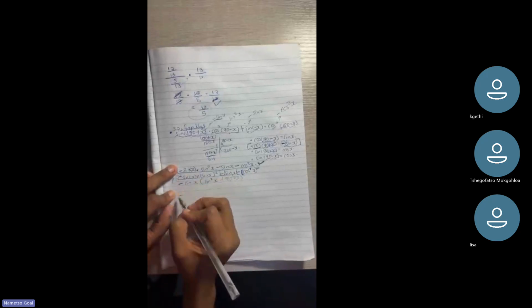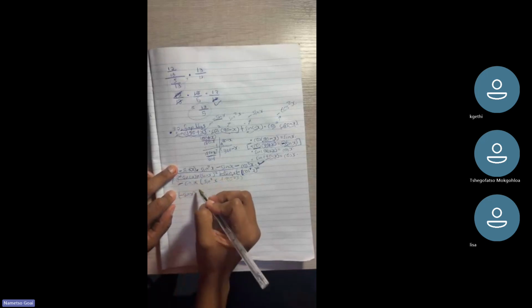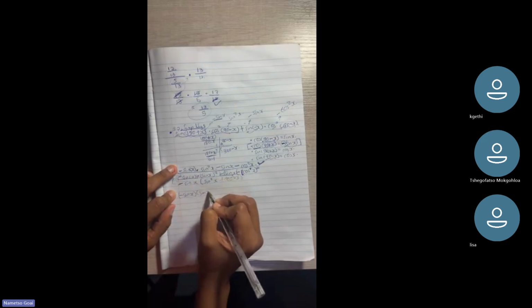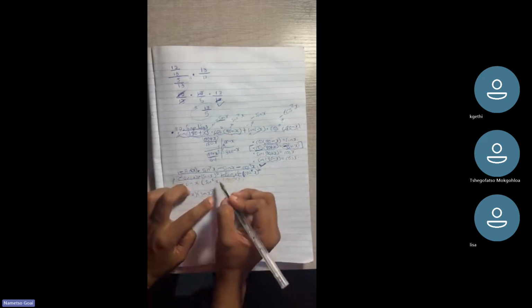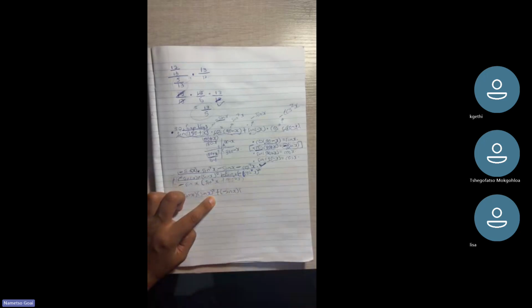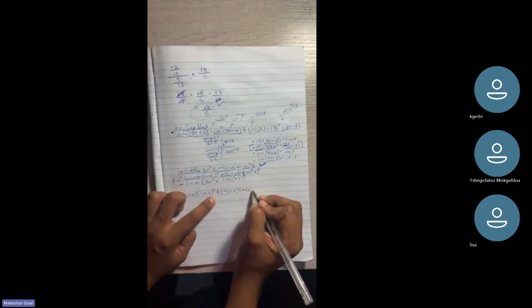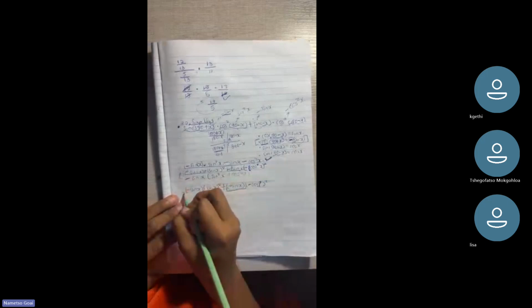We have bracket negative sine x all into sine x squared, and now into the second part, we'll have plus negative sine x close bracket, negative cos x, sorry, squared. From these two things, we can see that we have a common factor between them that we can factor out.